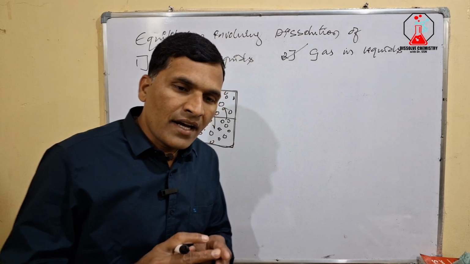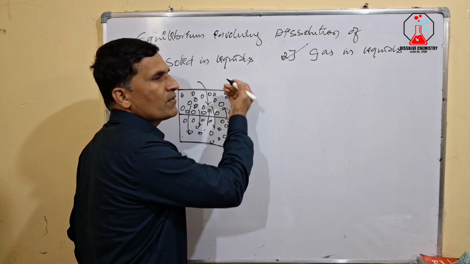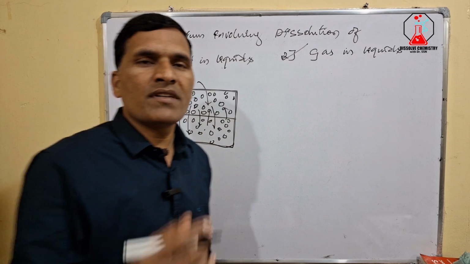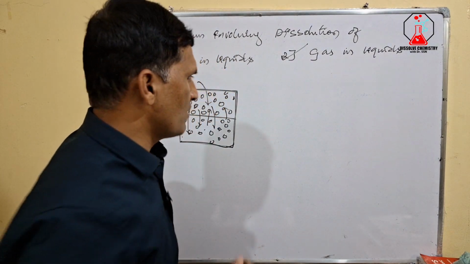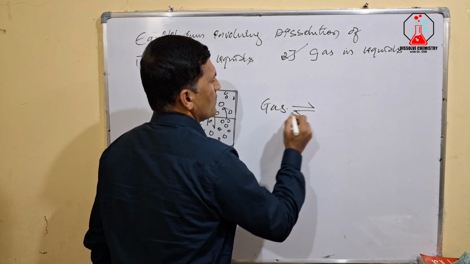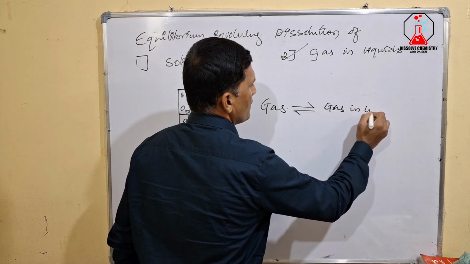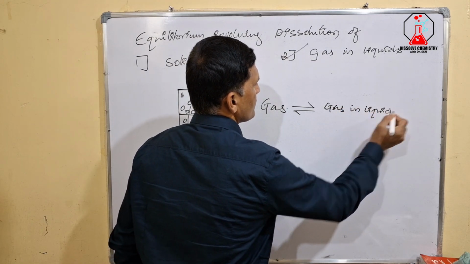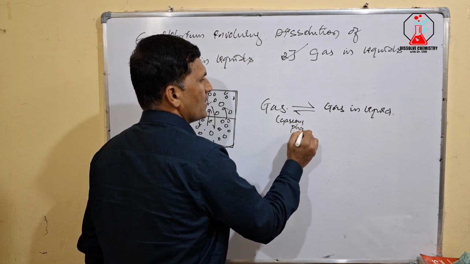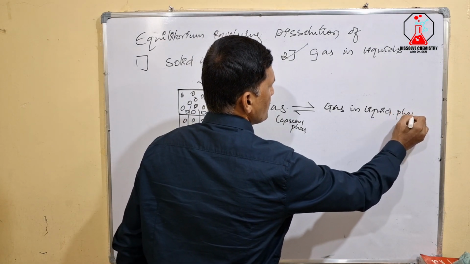When the number of molecules getting into the gas phase and the number getting into the liquid phase become equal, we call it a dynamic equilibrium, established between gas in gaseous phase and gas in liquid phase.